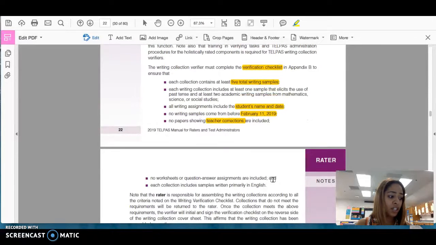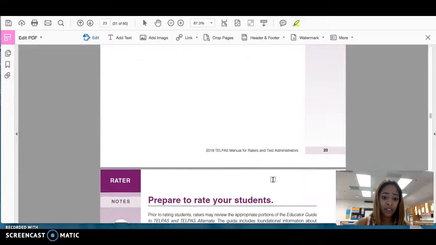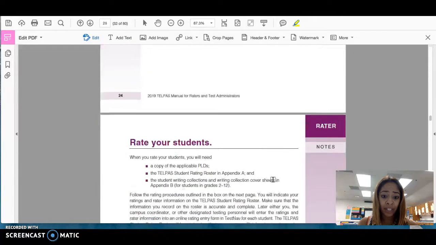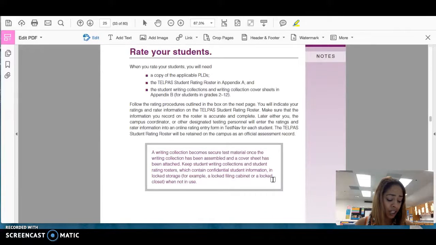The other parts that I would also recommend looking at when you get ready to rate your students, down here on page 25, you really need a copy of those PLDs, which is why I put, for every teacher in 2nd, 3rd, 4th, and 5th, one writing rubric in the green folder for every EL kid, so that when you're looking at their writing collection, you can have that rubric, you can be highlighting the different areas.